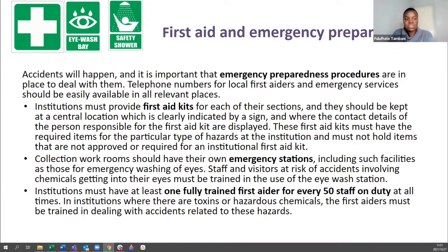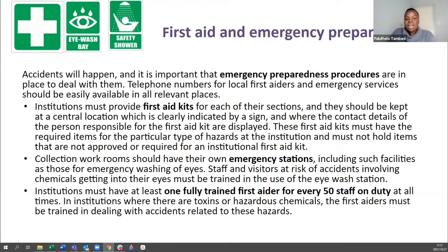Institutions need to provide first aid kits for each of their sections. Doesn't matter how many you have, each section needs to have a first aid kit. And they must be kept at a central location, going back to it being easily accessible.